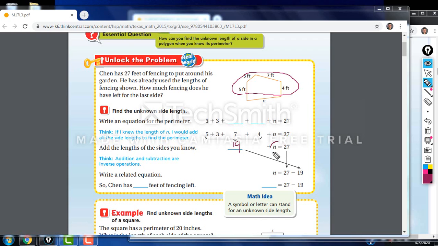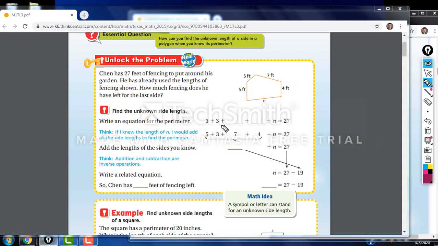So you're figuring for n, and n is just a symbol or a letter that can stand for an unknown side length. You're going to see it a lot in the next couple of school years, and we talked a little bit about it, knowing that X is unknown, or N, or S, or T, or whatever letter or symbol they give you. That is the unknown number in math.